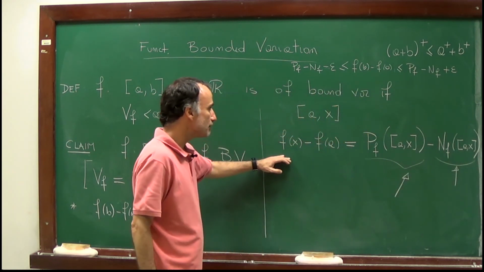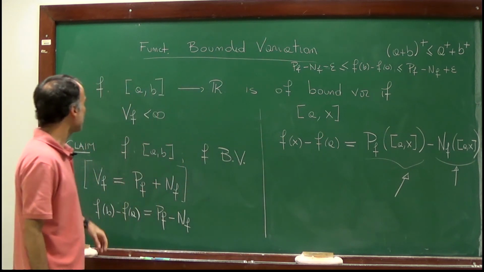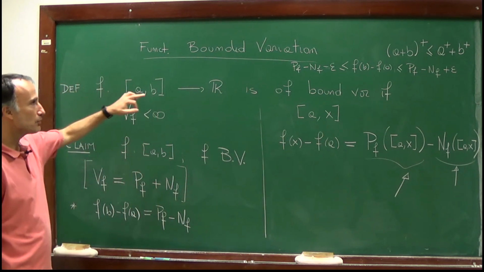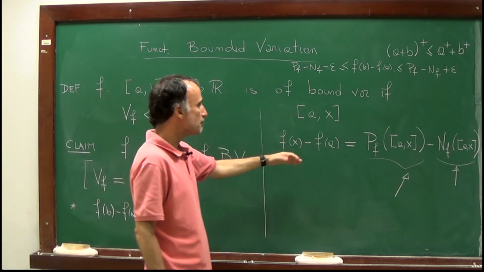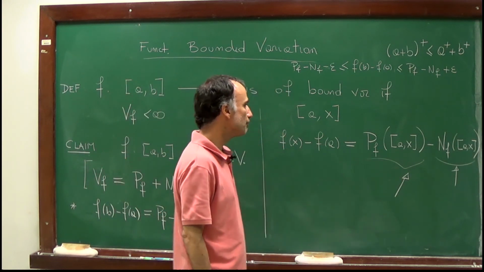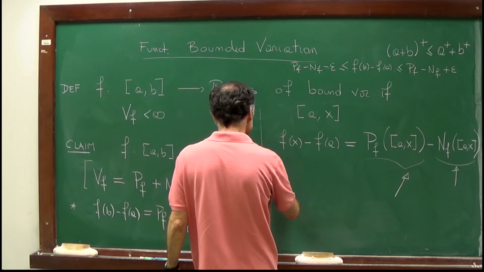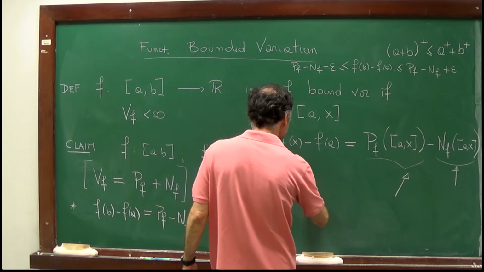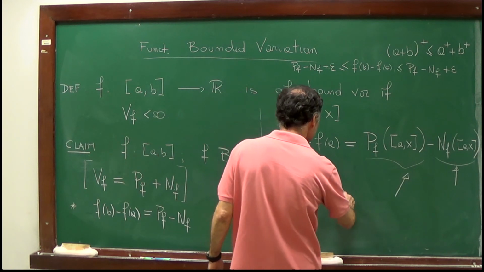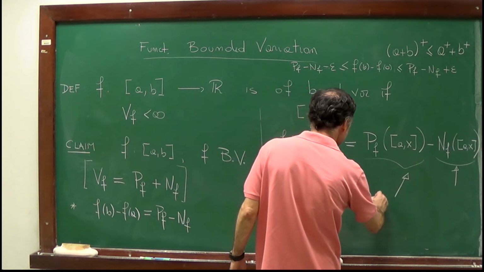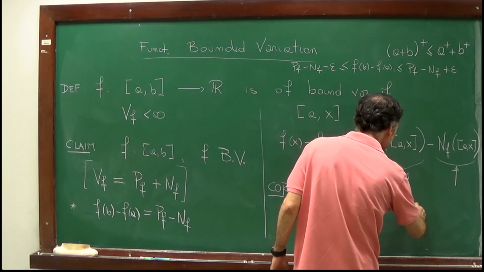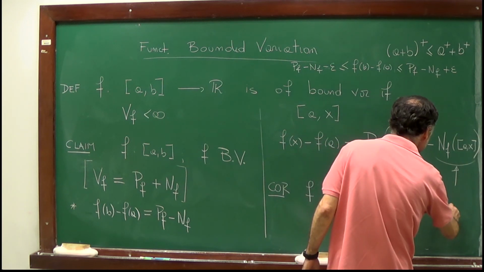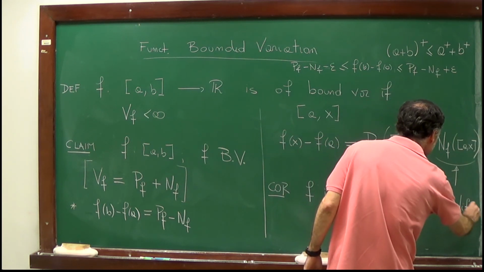So from this identity, we conclude that any function of bounded variation is differentiable almost everywhere. So let me write that. This is a corollary, if you want: if f is of bounded variation, then f is differentiable almost everywhere.